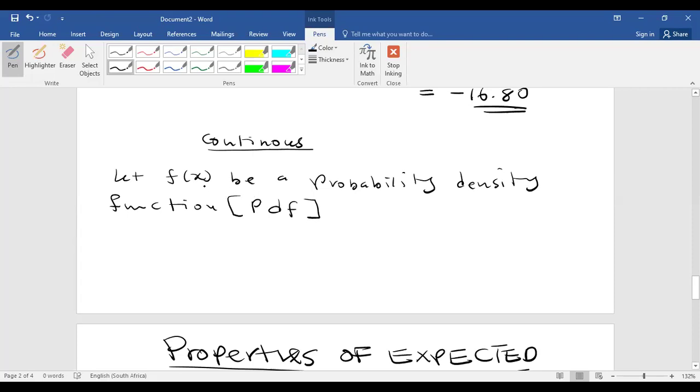So f of x will be the function. If that is the probability density function, f of x, it will be any function.